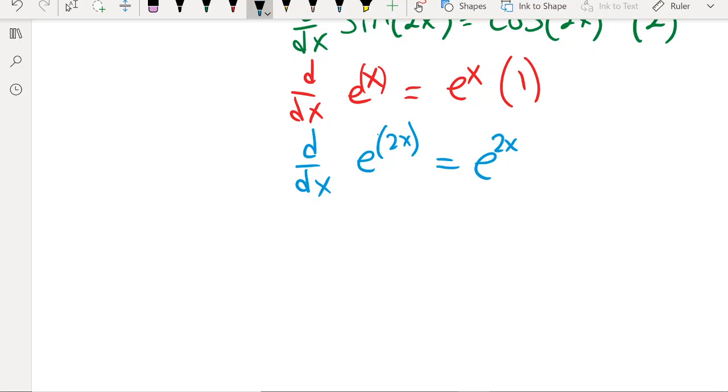You actually ignore the fact that there's extra stuff when you take the derivative. You just take the derivative as if there were nothing there. But then we take the derivative of the inside function, which is the 2x. Derivative of 2x is 2. And so there we go. So it's 2 times e to the 2x. And if you were to take the derivative again, then it would be 4 e to the 2x, and then 8, and then 16. It would double each time.